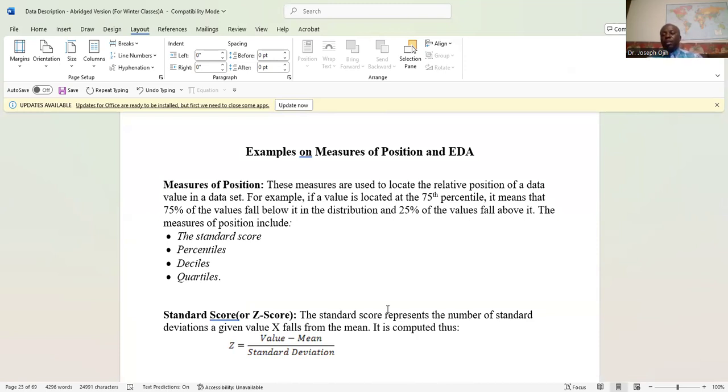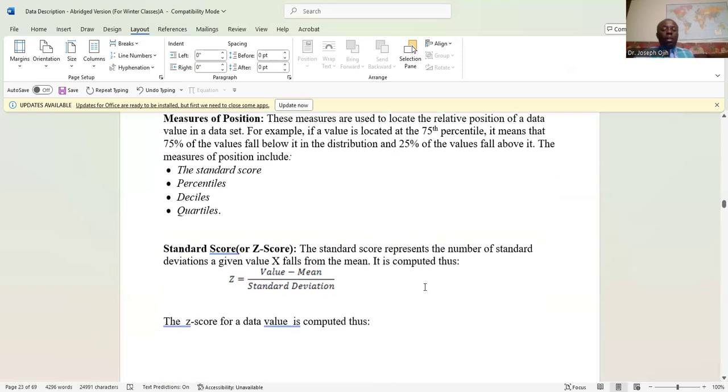For example, if your score is located at the 80th percentile, it means that 80% of the data values fall below it in the distribution. We have 4 measures, actually 3, because one of them you can use to estimate another: the standard score, percentiles, deciles, and quartiles.